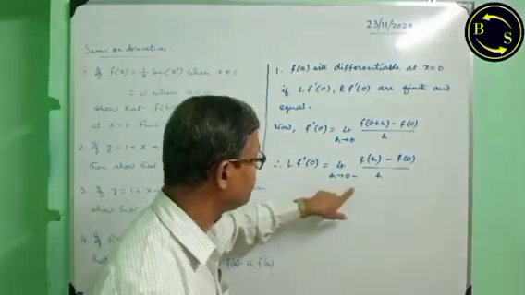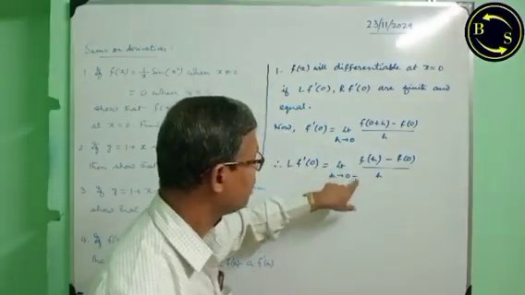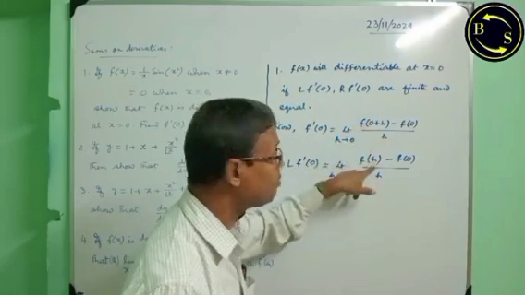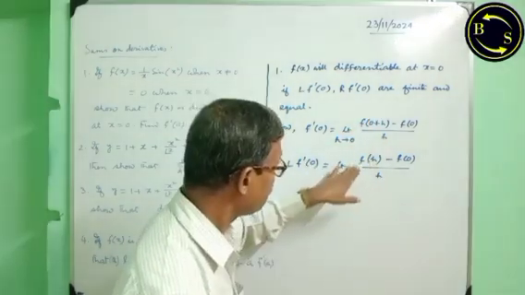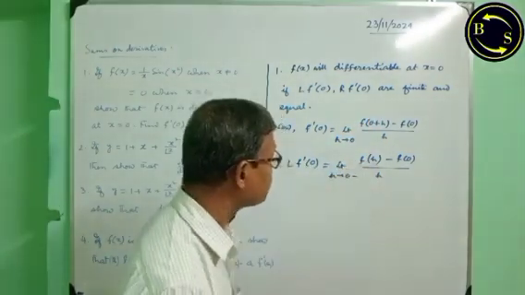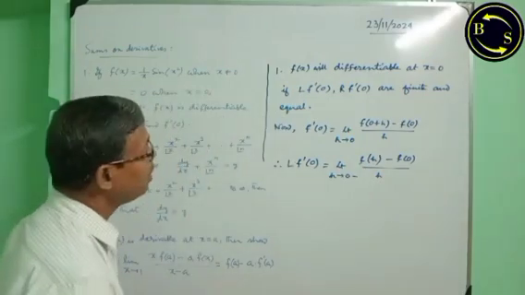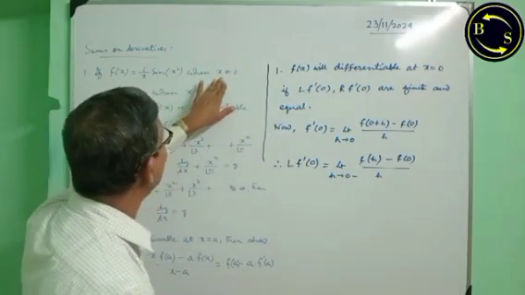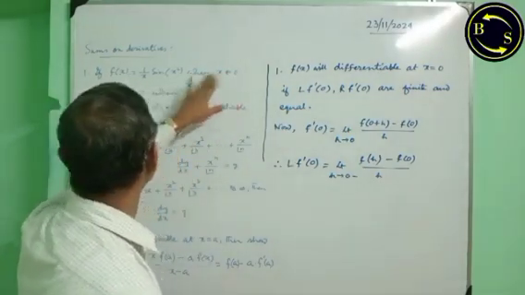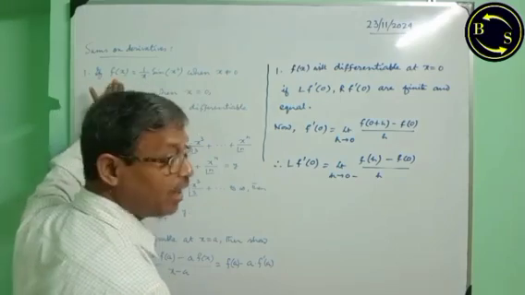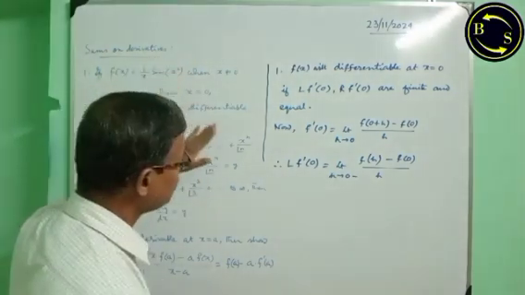Now for the left handed derivative, h tends to 0 minus, f(0+h) means f(h) here. Therefore, h is negative. For x not equal to 0, f(x) is defined by this.